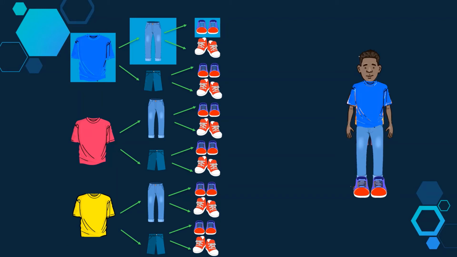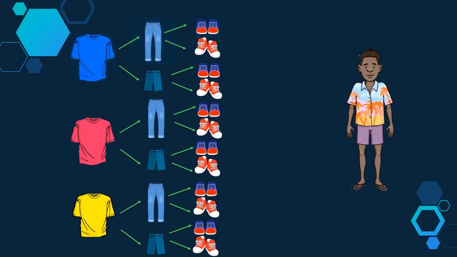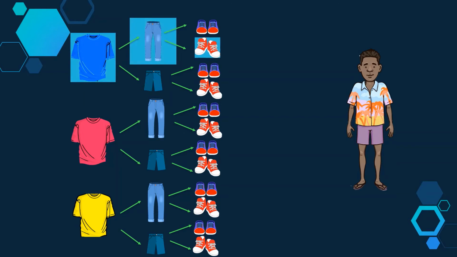Okay, on the first possible outcome, we have here blue shirt, long pants, and the first pair of shoes. For the second outcome, we have this one.